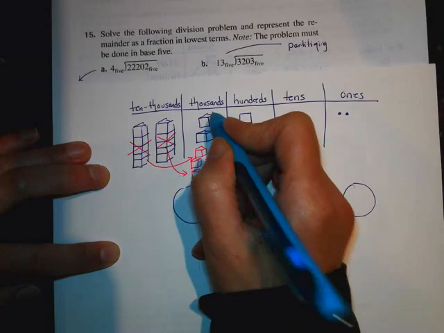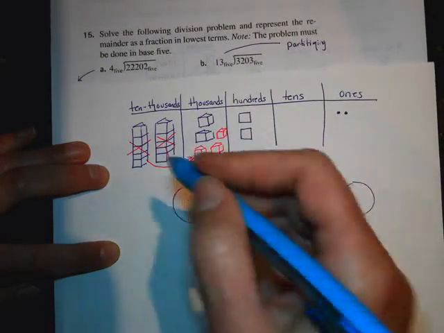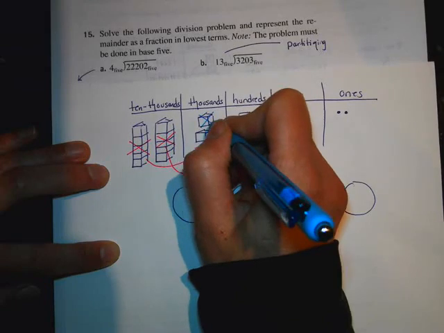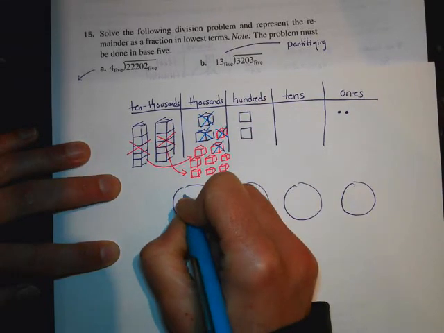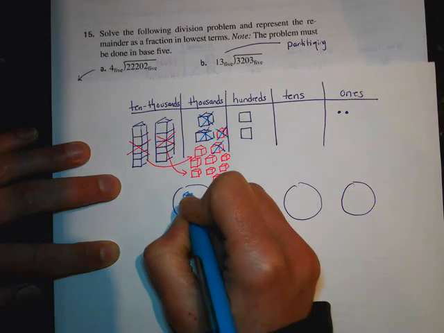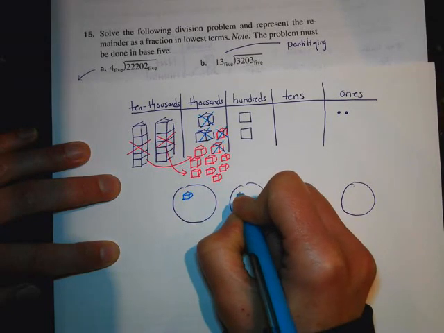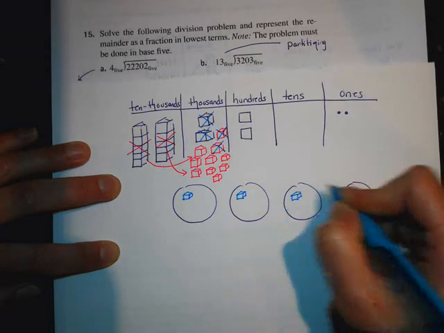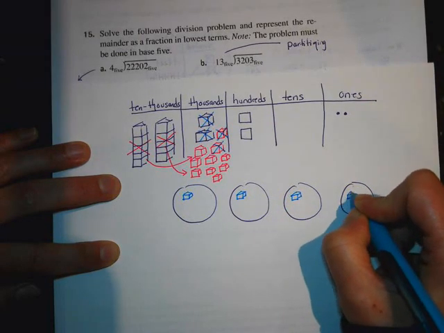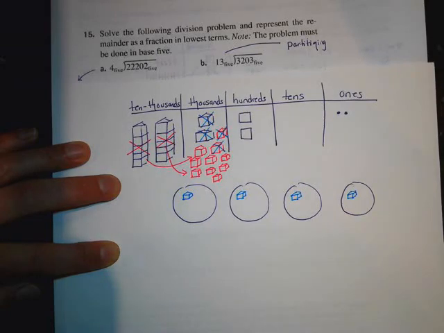Every time I see 4, everyone gets 1. So 1, 2, 3, 4. You get 1. You get 1. You get 1. And you get 1.